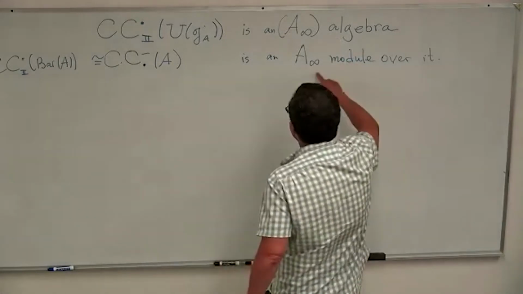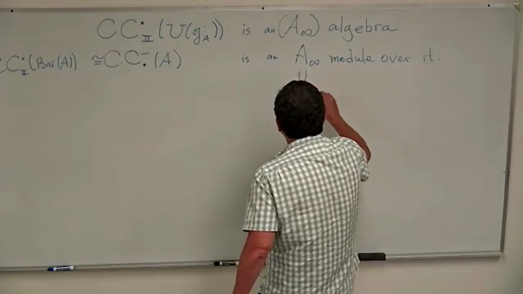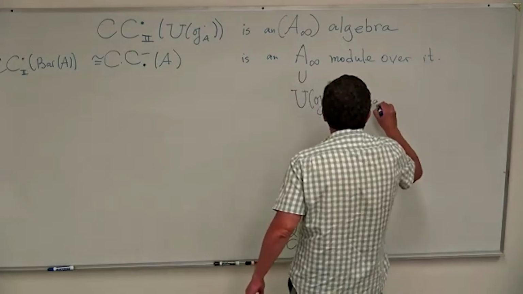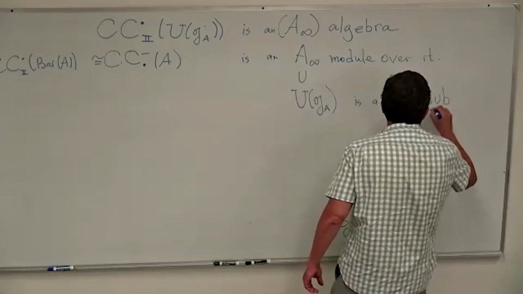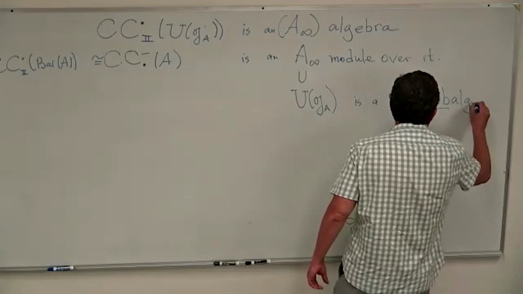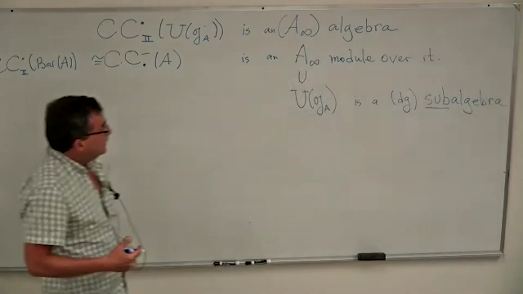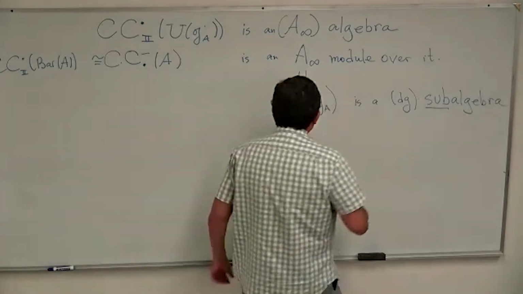Maybe I should see that for that the symmetries, the universal enveloping algebra is a subalgebra.